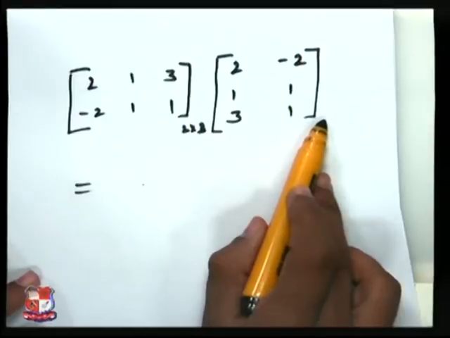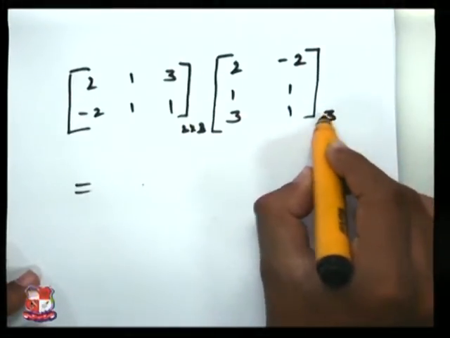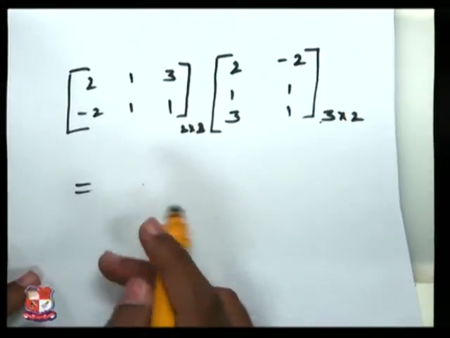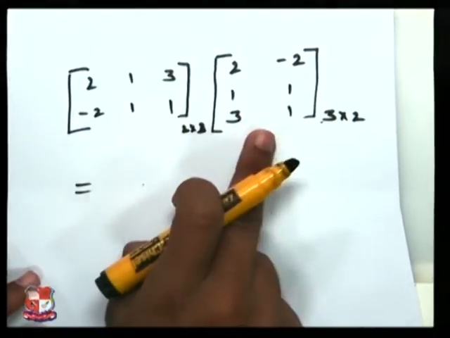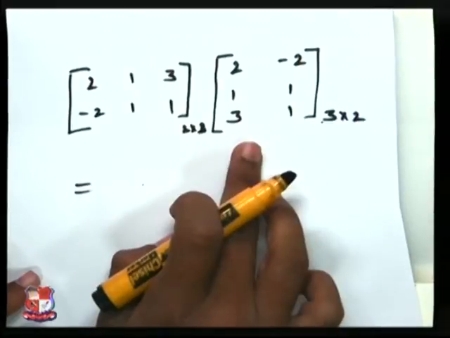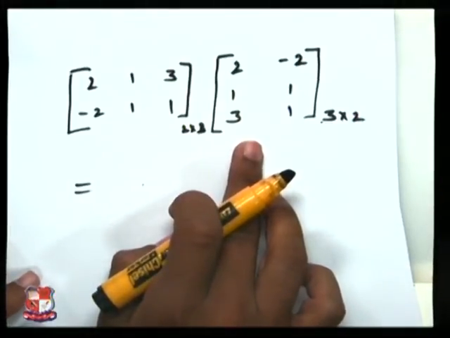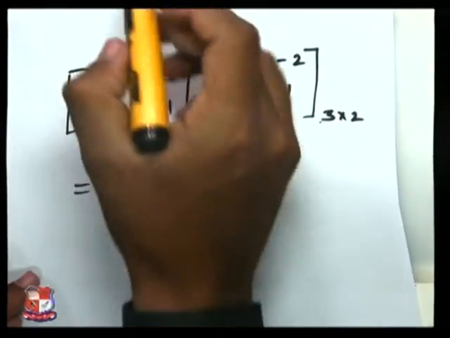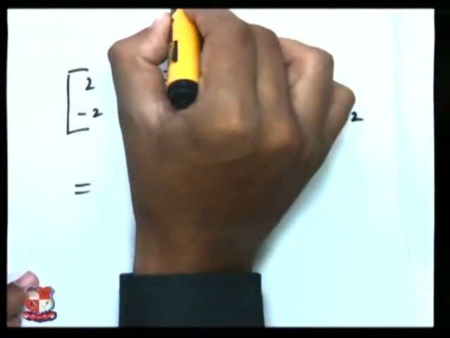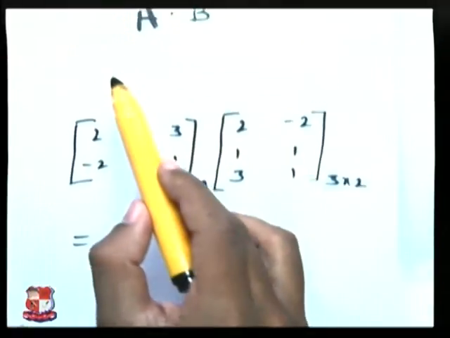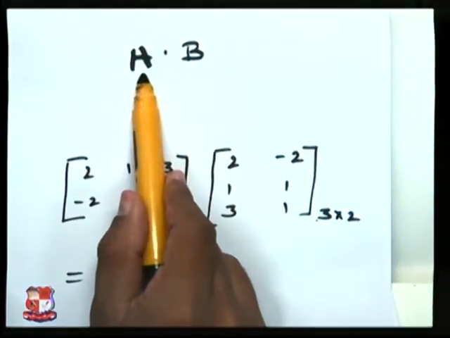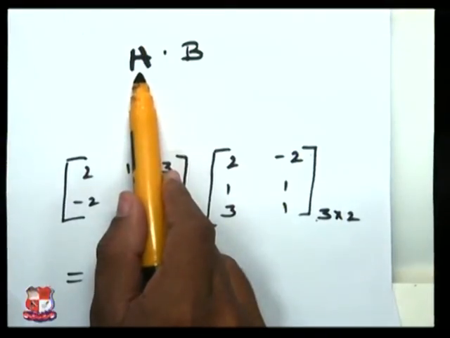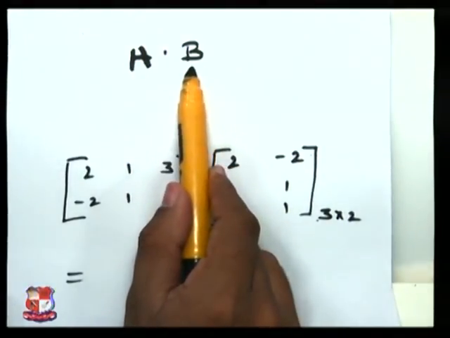This matrix is in the form of 3 cross 2, right? Is multiplication of any two matrices possible? No, the answer is no. The correct answer is, whenever you multiply AB, the number of columns in the first matrix must be exactly the number of rows in the second matrix.